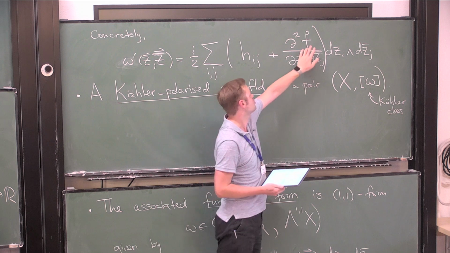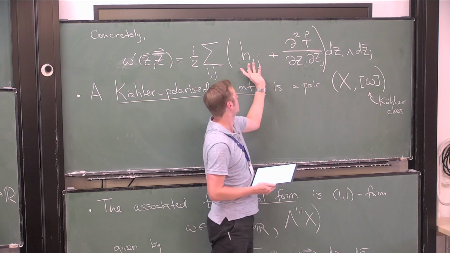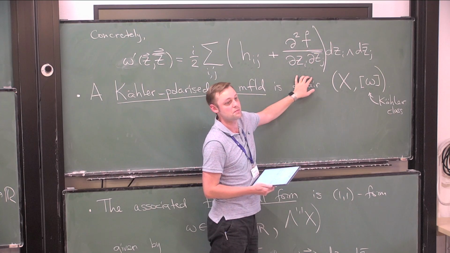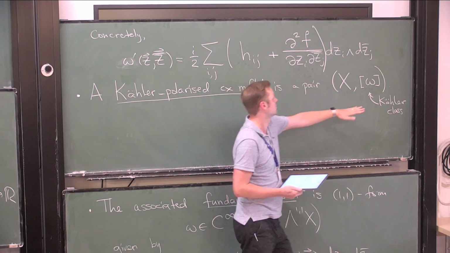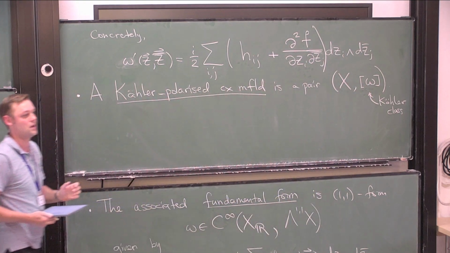So up to choosing a smooth function f and modifying all the entries of H_ij by this second derivative term. So that's the freedom I allow myself when I'm talking about a Kähler class rather than a specific Kähler form.